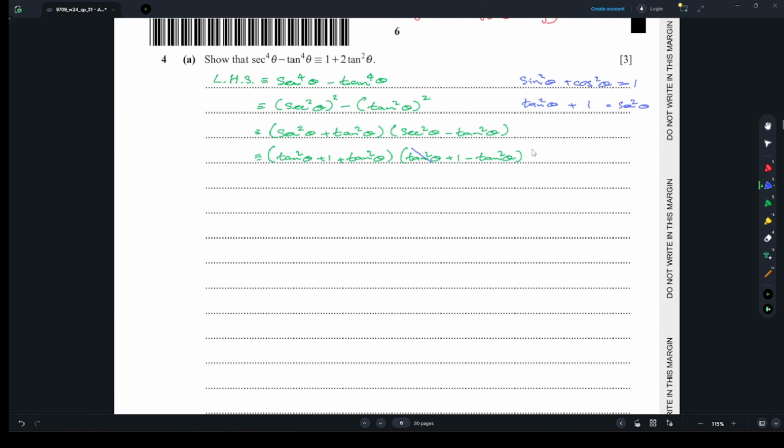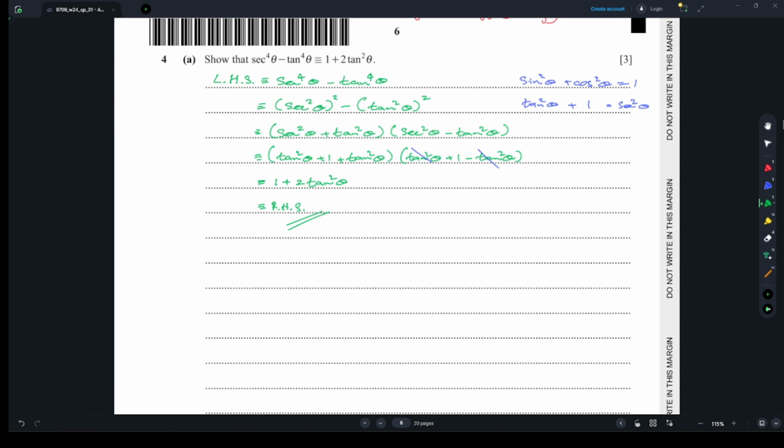Here tan square theta and tan square theta cancel. So in the first bracket you have 1 plus 2 tan square theta, multiplied by 1. That's it, which is the right hand side.